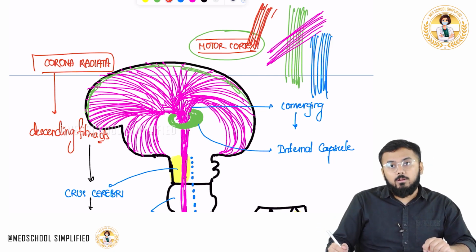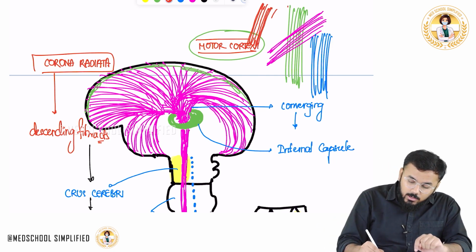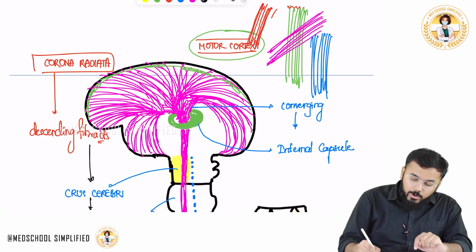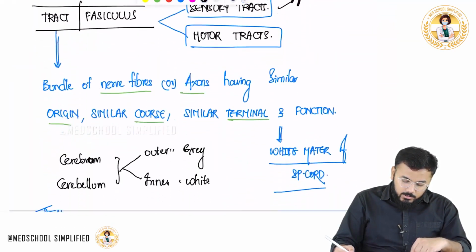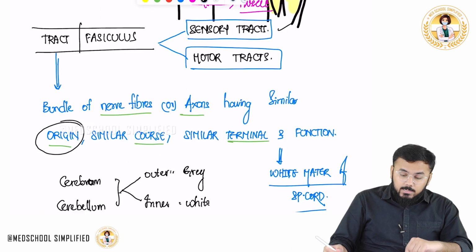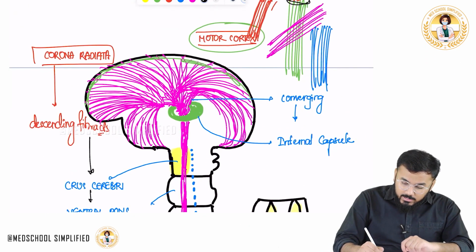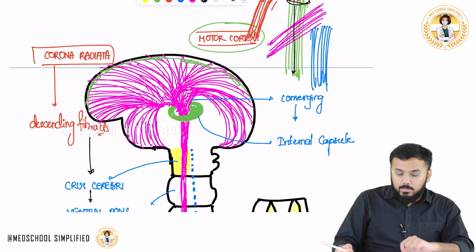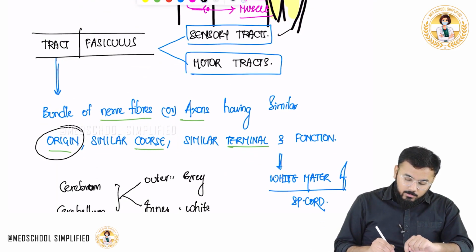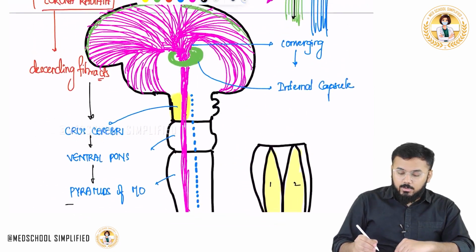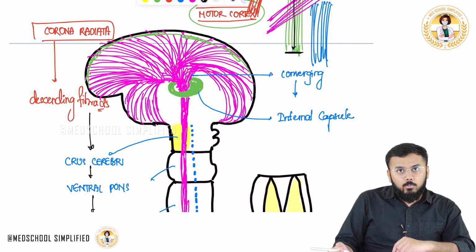All these are a bundle of nerve fibers, and the origin point of all of them is the same. So the first important thing is similar origin, then similar course. All of them are passing down, all these green fibers. Termination: all of them are ending at a single point.